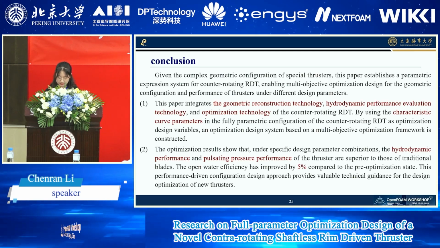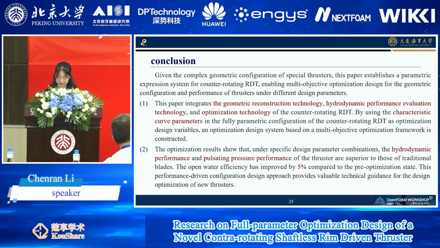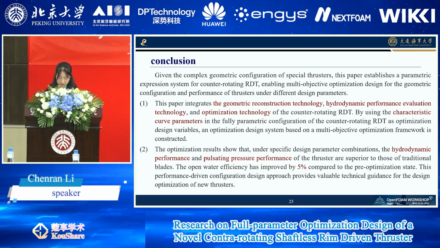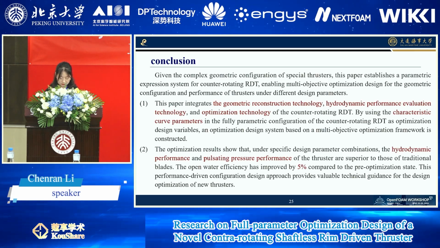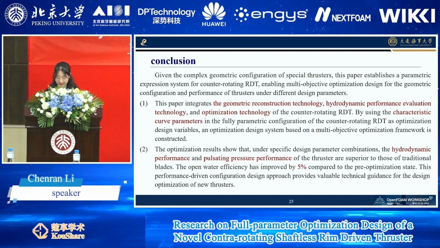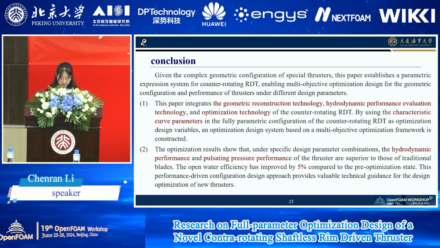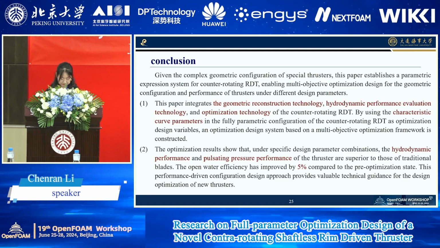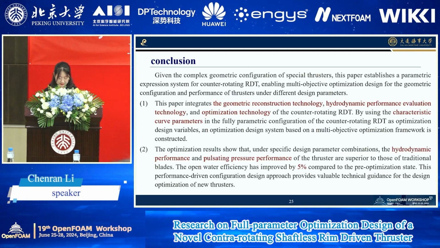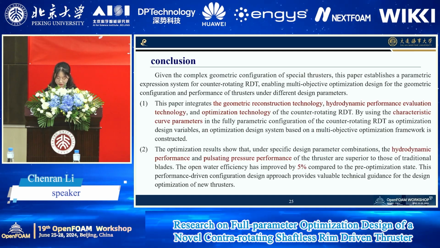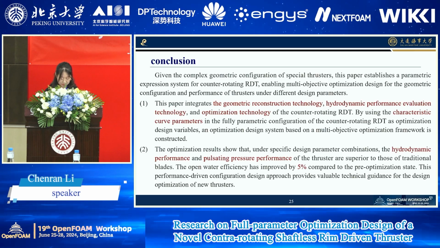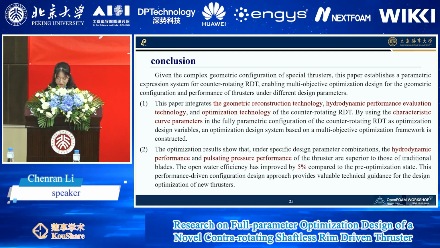By using the characteristic curve parameters in the fully parametric configuration of the counter-rotating RDT as optimization design variables, an optimization design system based on a multi-objective optimization framework is constructed. The optimization results show that with specific design parameter combinations, the hydrodynamic performance and pulsating pressure performance of the thruster are superior to those of traditional designs.